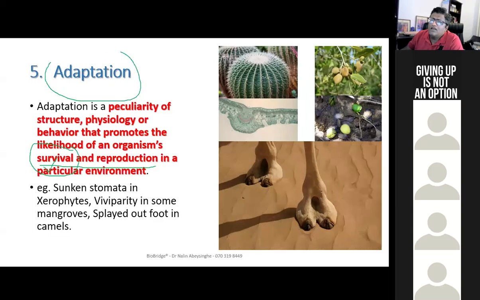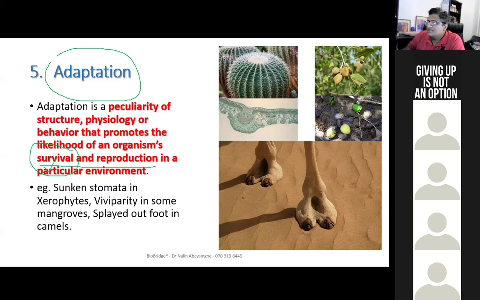Those things are called adaptations. So to survive in a particular environment and to reproduce in that particular environment, you have to have certain features called adaptations.